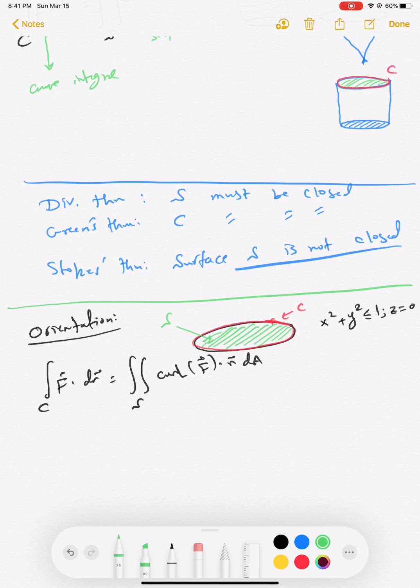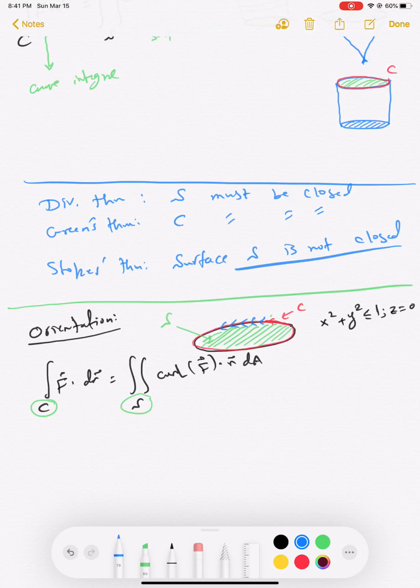So the question is, what is the orientation of the curve and what's the orientation of the surface that guarantee together this equation? Because remember, you have two orientations for C, and you have two orientations for S. Changing the orientation gives you an extra negative sign. For example, if you integrate the function over this curve in this orientation, you get 5.